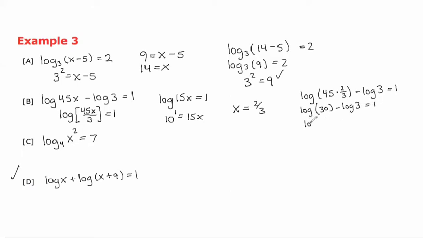This becomes the common log of 30 divided by 3, which is the common logarithm of 10. But common log 10 is the number 1, and so 1 equals 1, and it checks. All right, let's go ahead and move on to the next one.